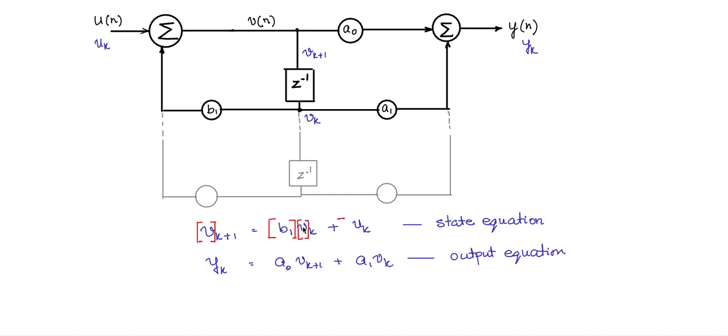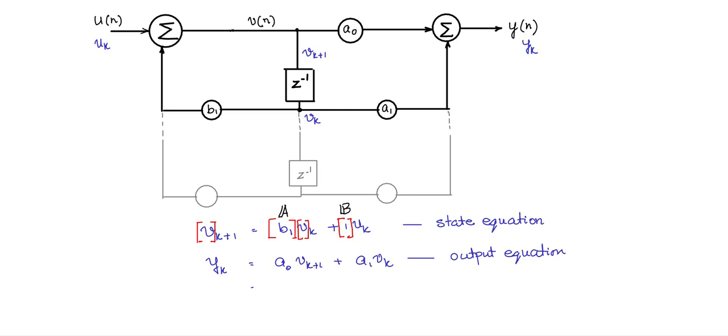This is a matrix of the state variable at instant k. This is a matrix for scaling the input. So in more general terms for the state equation, this matrix is called the A matrix and this matrix is called the B matrix.